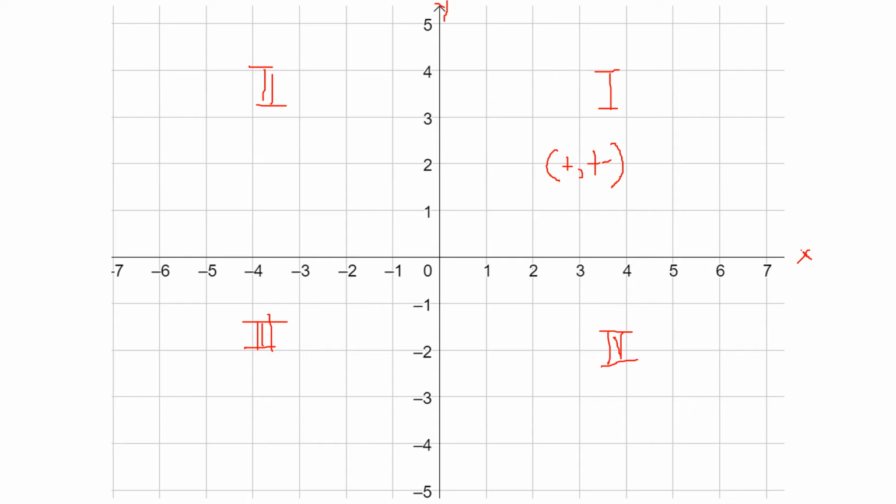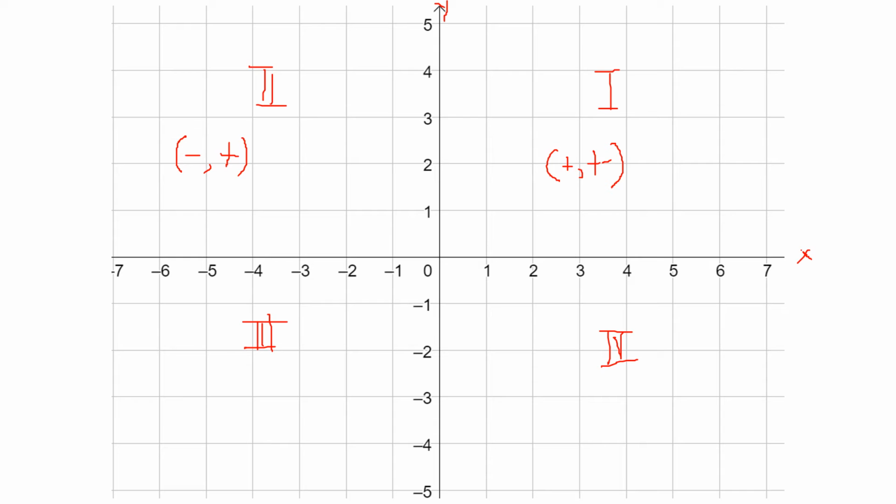Next, quadrant 2. When you look at points, always look first at the x coordinate. All the points on the left side of our x-axis are negative, and on the y-axis, all are positive. Now let's proceed to quadrant 3.